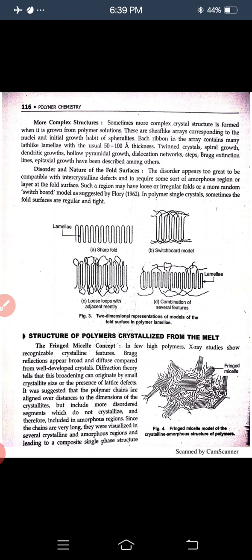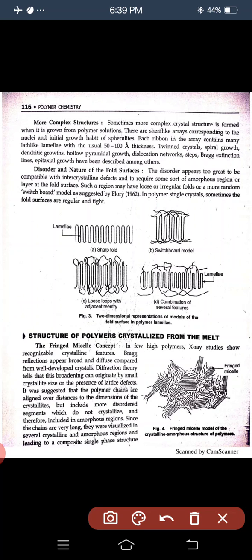Such a layer may have loose or irregular folds, or a more random switchboard model as suggested by Flory, 1962. This is the sharp fold. This is the switchboard model. This is the loose loops with adjacent reentry, and this is a combination of several features.